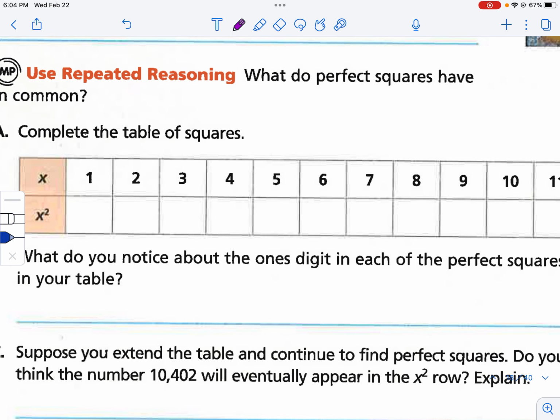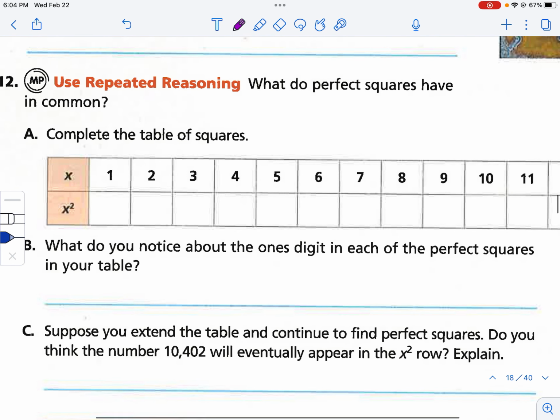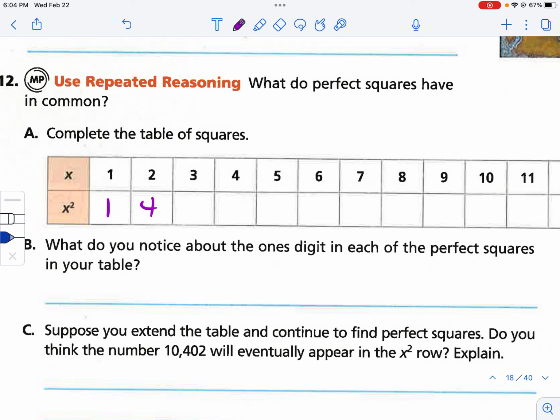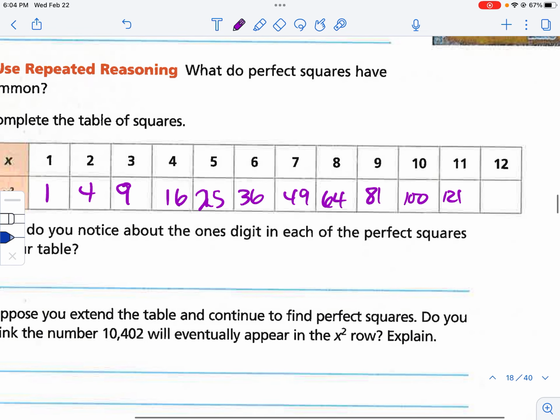What do the perfect squares have in common? 1, 4, 9, 16, 25, 36, 49, 64, 81, 100, 121, and 144.